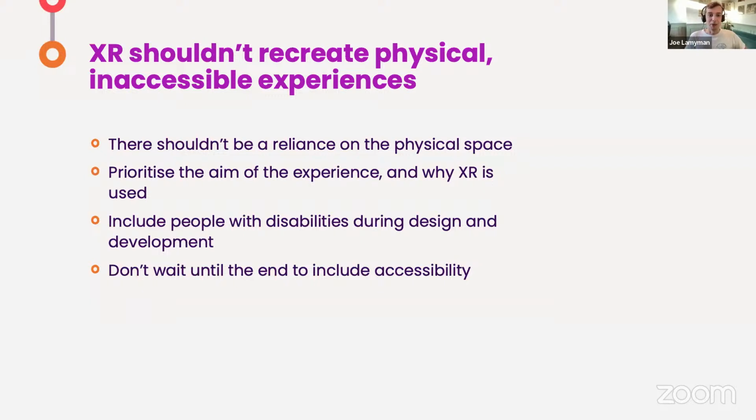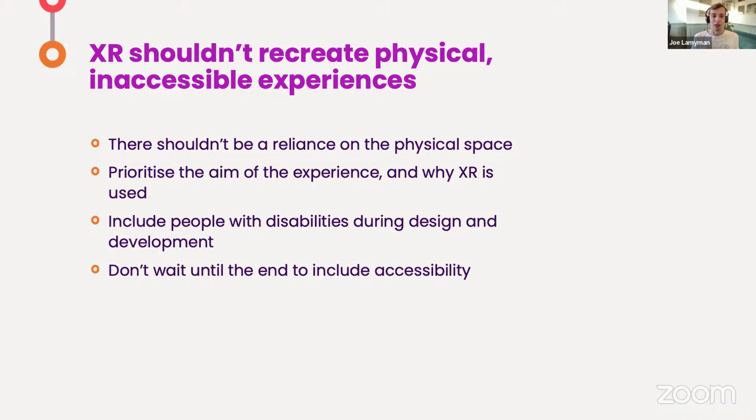So it's about prioritizing the aim of the experience and why XR is being used in this case. It's about making sure that we include people with different disabilities during the design and development process and get a clear understanding as to how people will expect to use the experience or their needs for using the experience, and we design and develop for these appropriately.